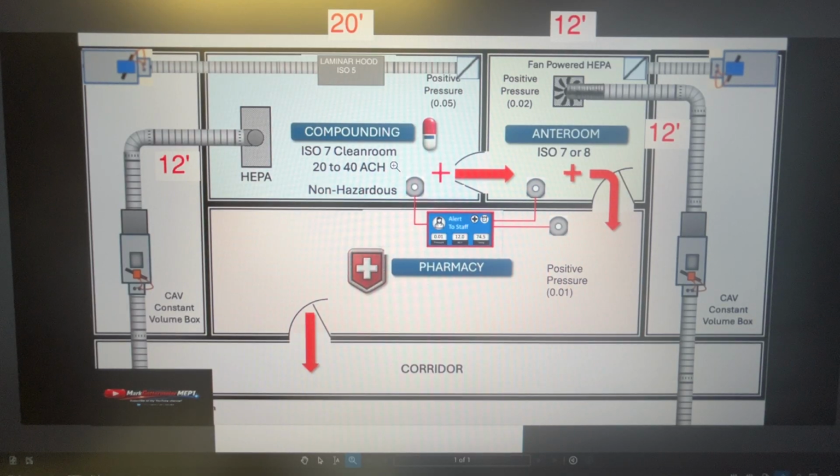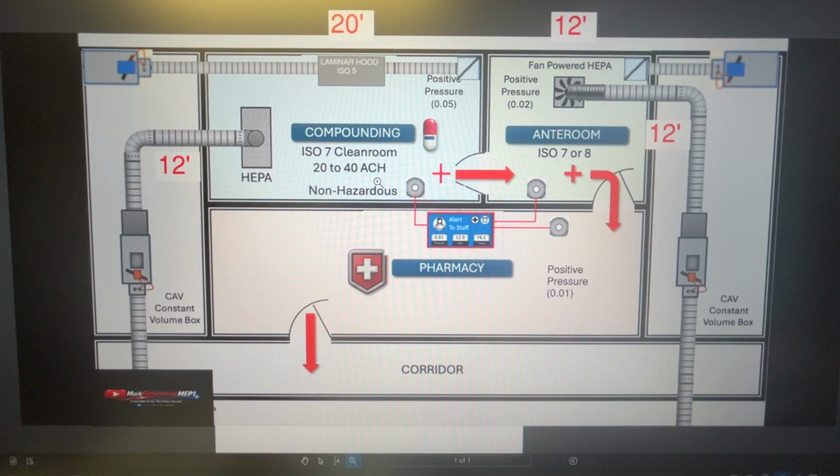So I'll start describing the clean room here. Obviously the system itself has to have constant volume of air. ISO 7 needs 20 to 40 air changes per hour in that space to keep it a controlled environment, sterile.